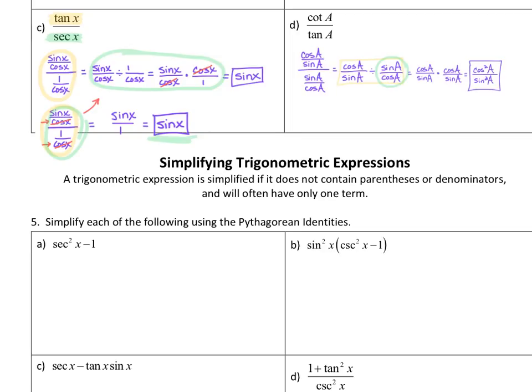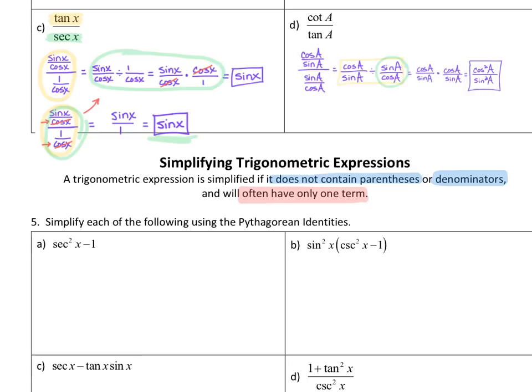Keep in mind that when we're simplifying expressions, we want to have an expression that does not have parentheses, does not have denominators, and most often, but not always, will only have one term, which means you won't have plus or minus signs.